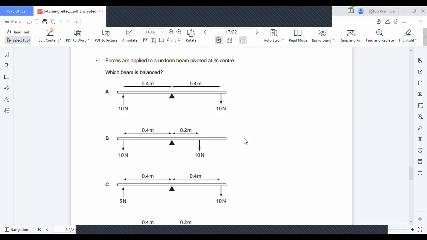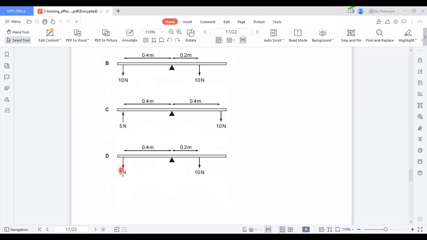Okay, let's move to D. So the 5 Newton force is acting in the downward direction, so possibly we have an anti-clockwise movement in it, and there is a 10 Newton force which gives a clockwise movement. Anti-clockwise movement is the red one.